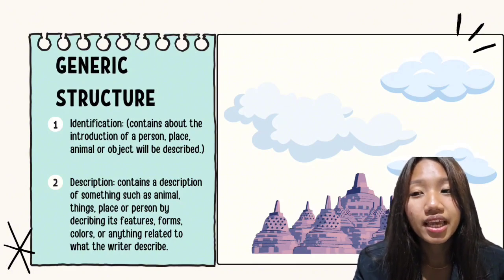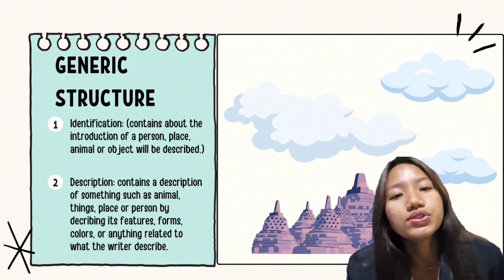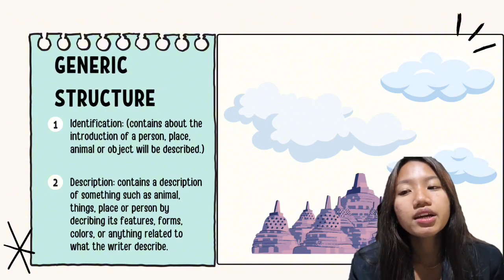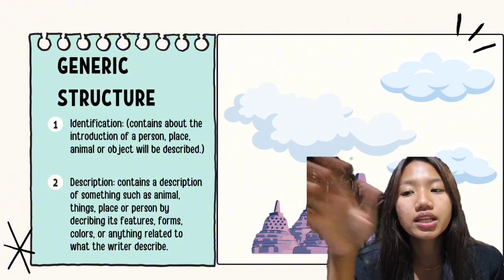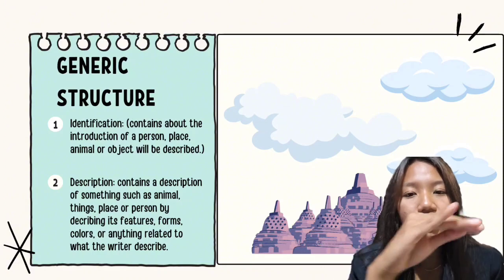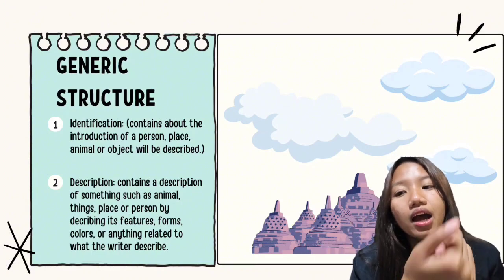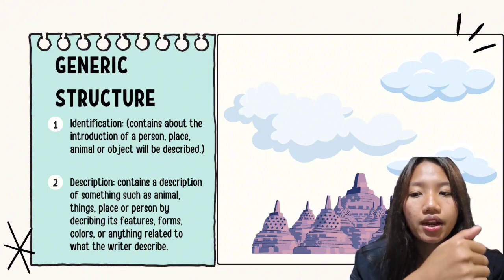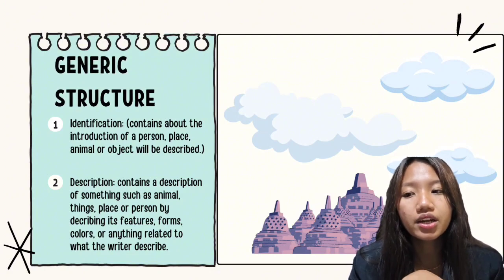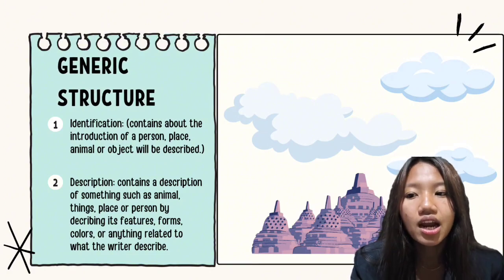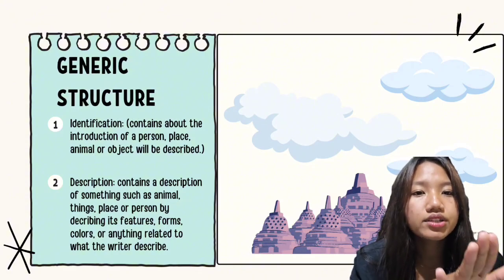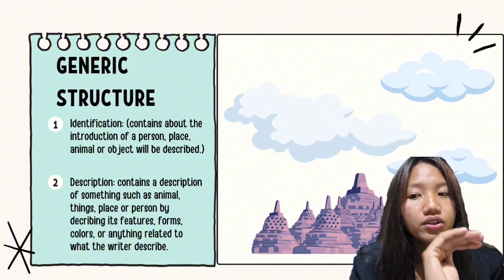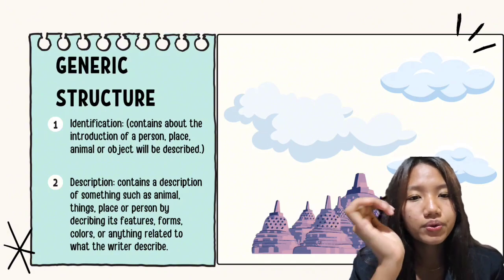So for the next is description. The description here contains a description of something such as animal, things, place or person, and then forms, and then colors or anything related to what you want to describe to your friends.